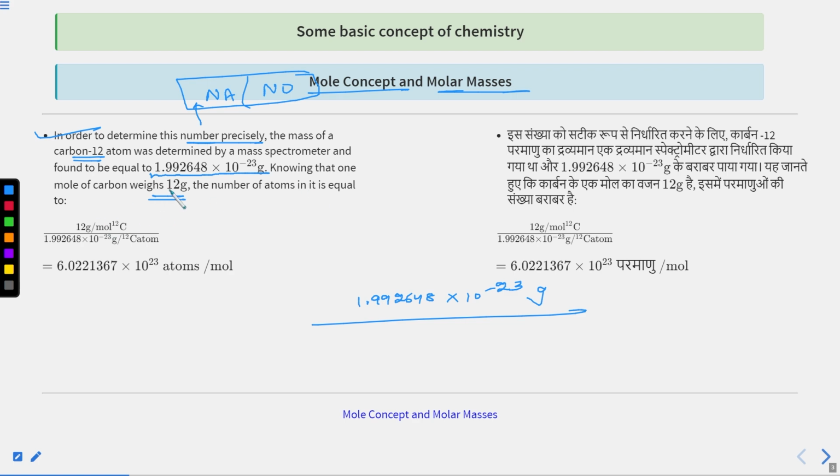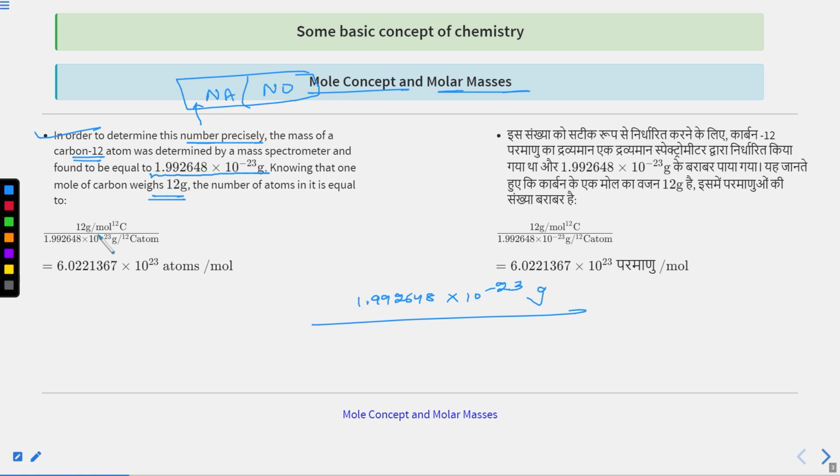The 1 atom of carbon 12 weighs 1.992648 into 10 raised to the power minus 23, and this is the mass of a carbon 12 isotope of carbon.